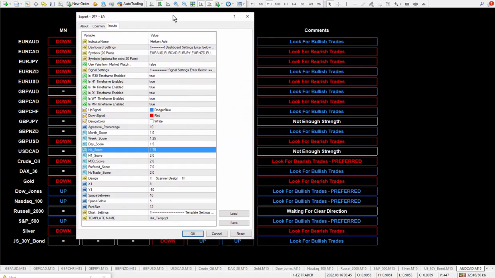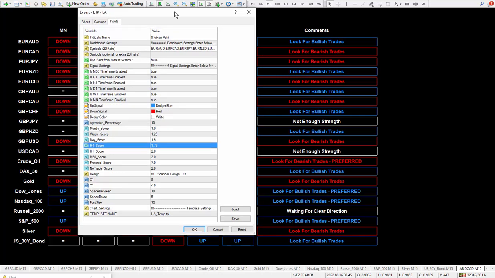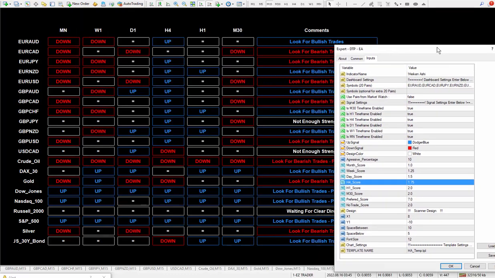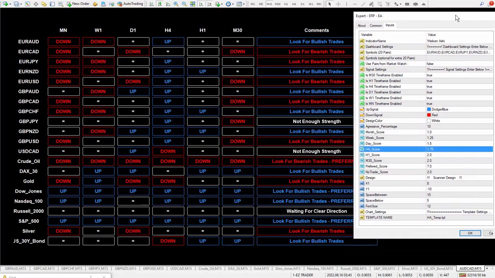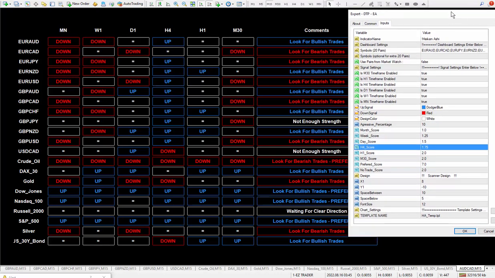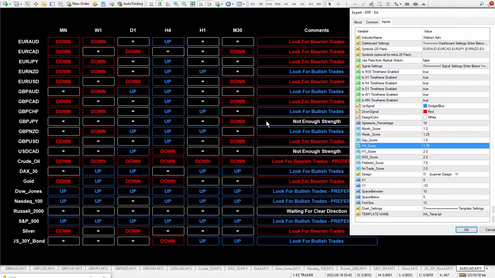Okay, here we go. Perfect example. This is in real time. See where it says not enough strength? Not enough strength. Like there's too much flat here. Not enough strength.